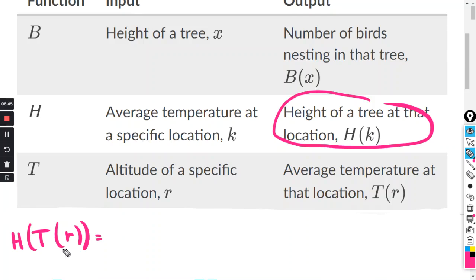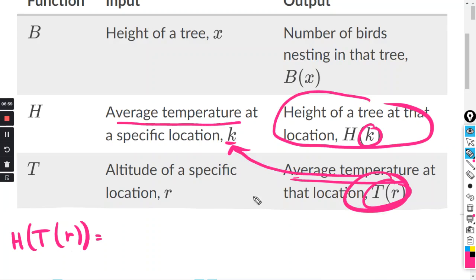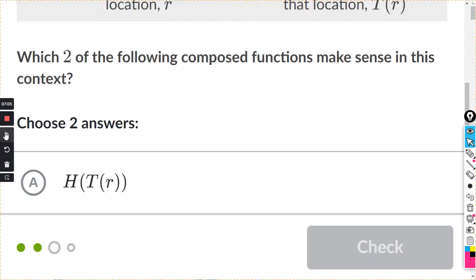And if we plugged in T of R in place of K, let's see if that works. T of R is the average temperature, and K is the average temperature. So we can certainly take T of R and plug it in for K, and then get the function H. So that one works. Okay, H of T of R works.